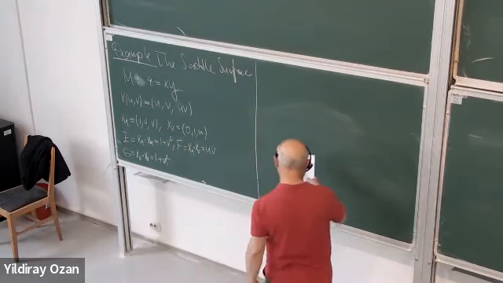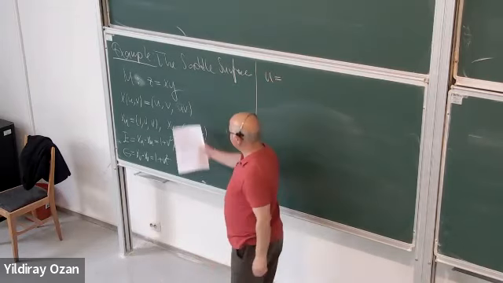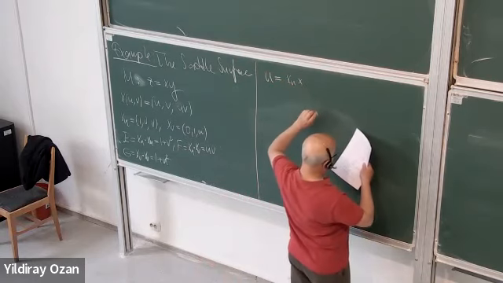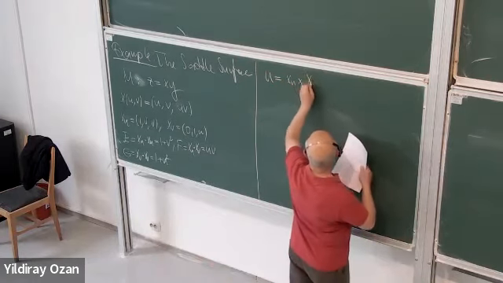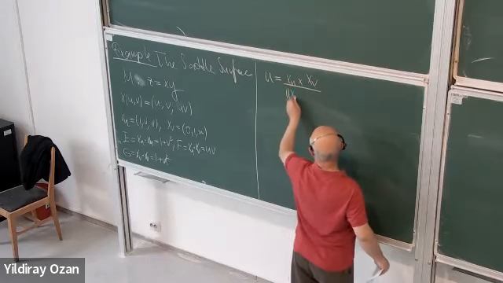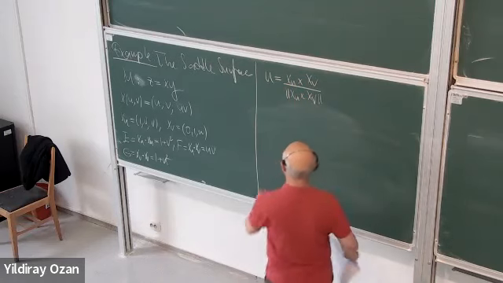What else? We had the normal vector u determined by the surface patch, which is just x sub u cross x sub v divided by the norm of this product.